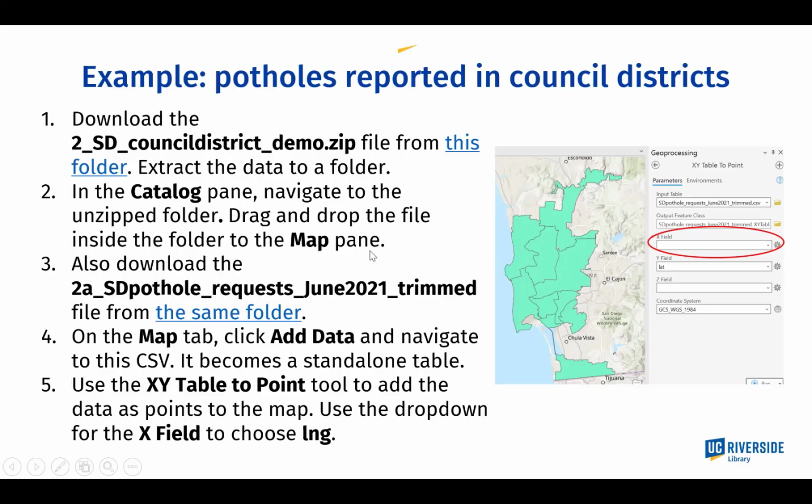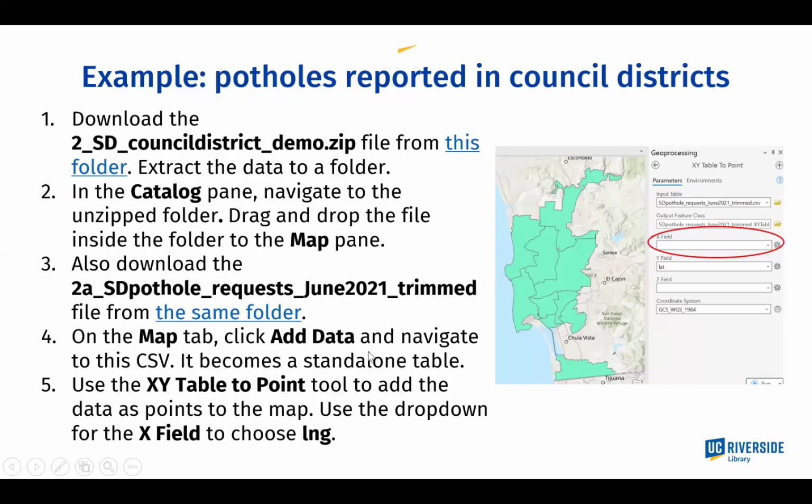You can also download the table that has the pothole requests, which is crowdsourced, like the public wants people in the city to act and fill in these potholes. So it's a whole spreadsheet that has that kind of request information. You get that from the same folder. Again, all of these data sources are in the same folder.